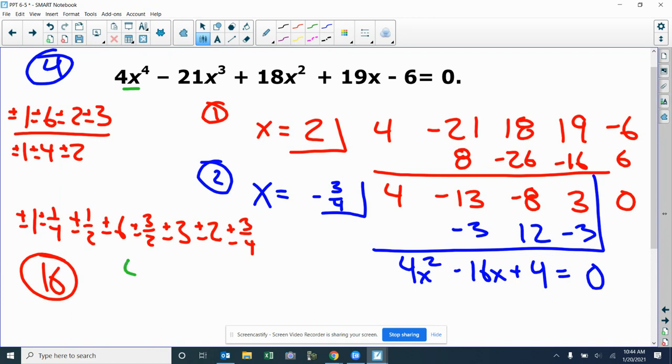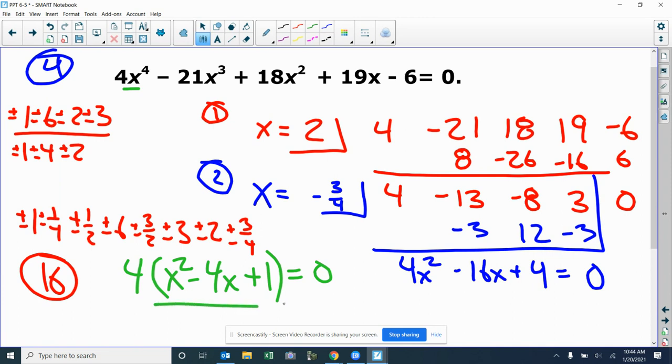So 4 is coming out. We're left with x squared minus 4x plus 1 equals 0. Are there any factors of 1 that can get to 4? No. What's our only option here? My only option would be to complete the square. I hope that's yours. I think it's the easiest.